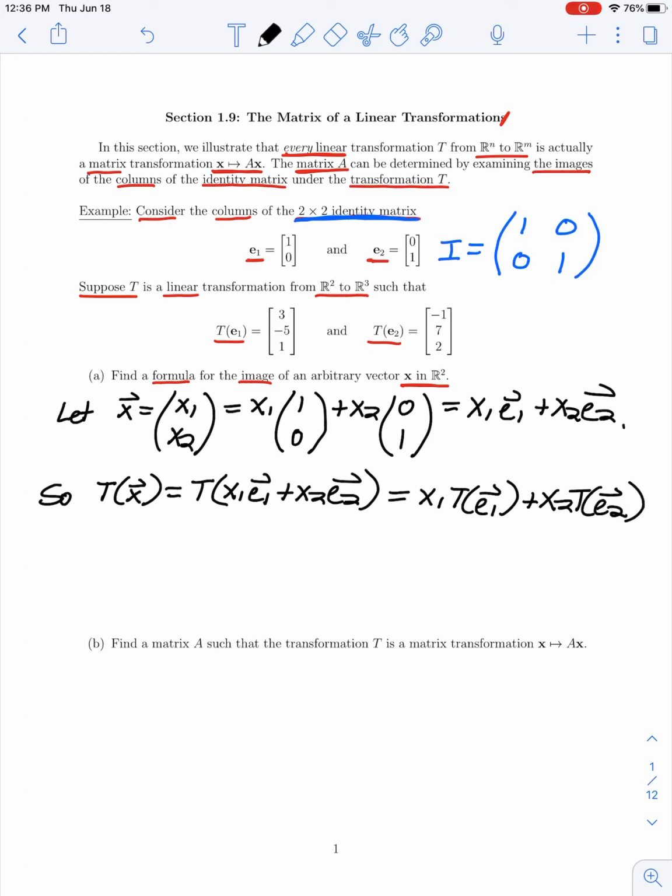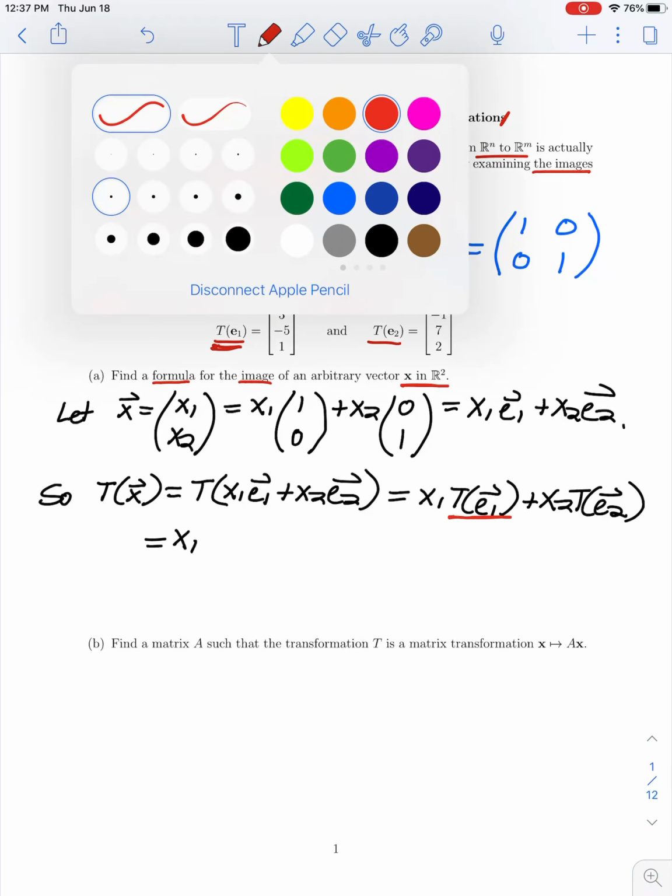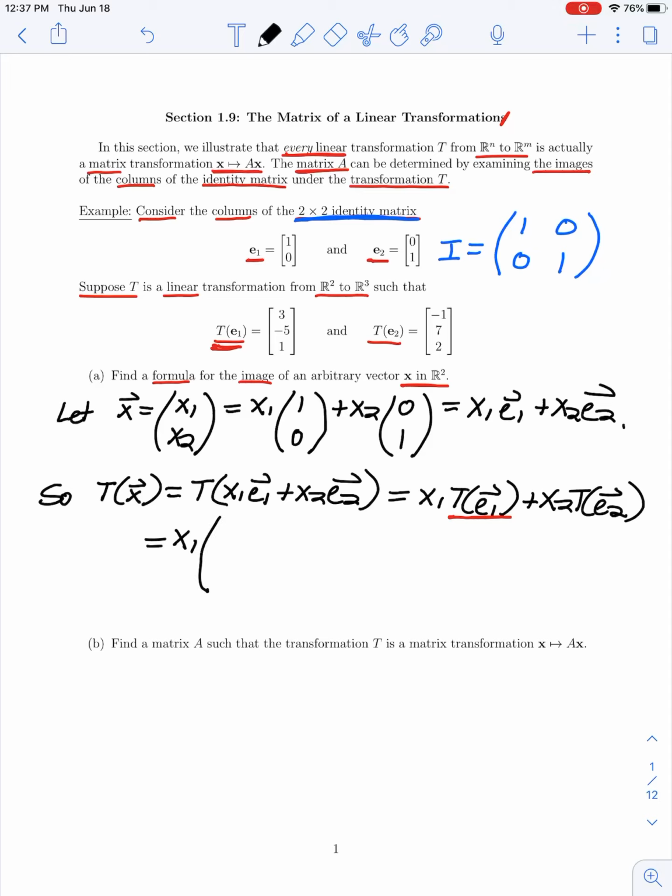That was exactly what it means for a transformation to be linear, that the transformation of a linear combination of vectors is the same as the linear combination of the transforms of those vectors. But now we know what the image of e1 was. Here, T of e1 was the given vector in the problem statement, (3, -5, 1).